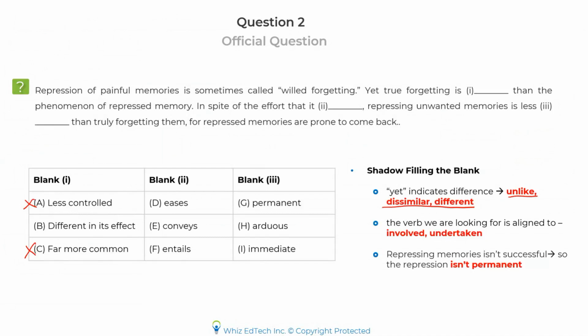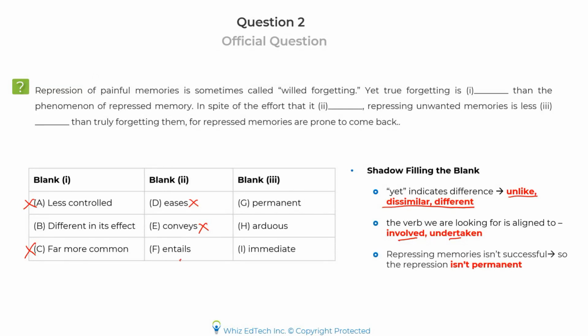Let's look at the second blank. Involved, undertaken. Clearly here, entails means contains, okay, or involves. So we are not talking about effort conveying anything or effort easing anything. It's simply that in spite of the effort that it contains or it involves. So I'm going to keep entails.